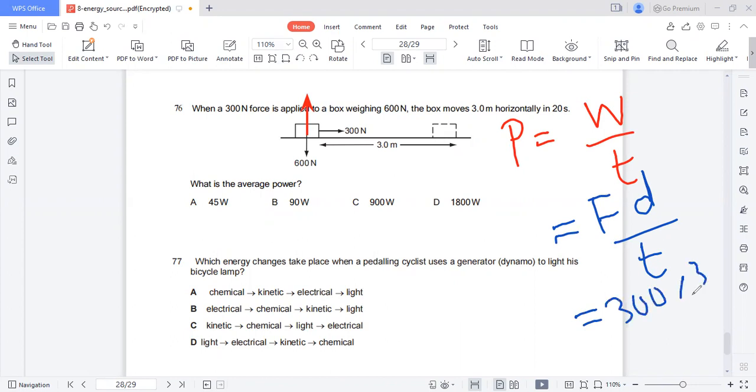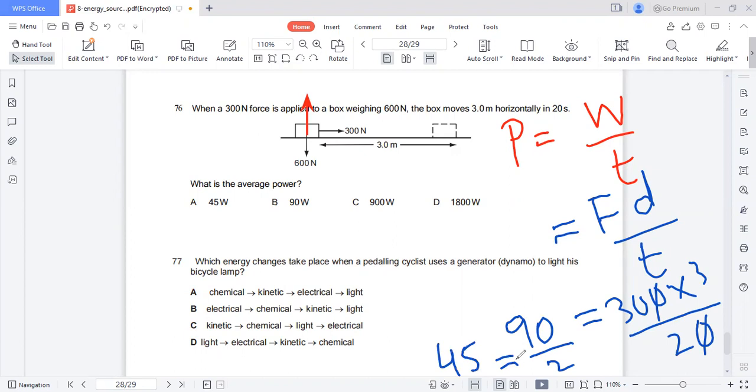Displacement is 3 and time taken is 20 seconds. So 90 divided by 2, it would be 45. So power would be 45 watt. So this is our correct option.